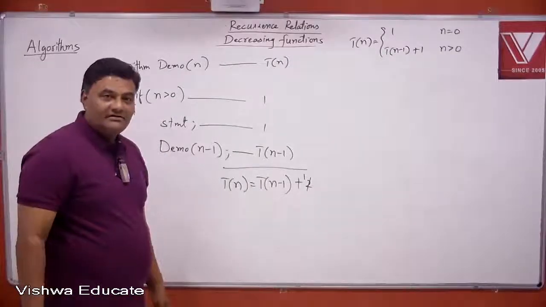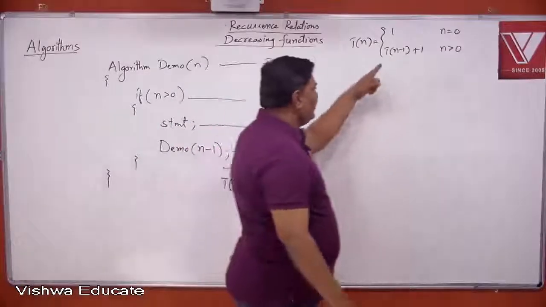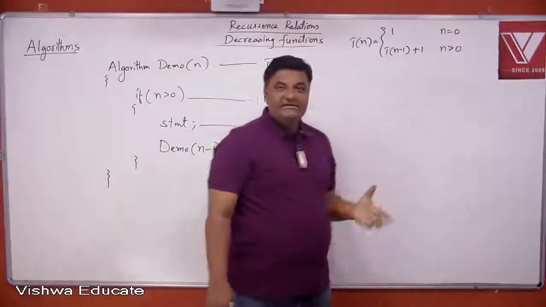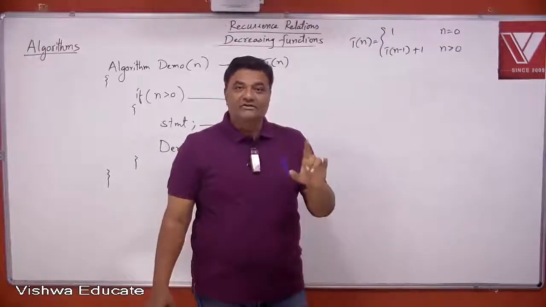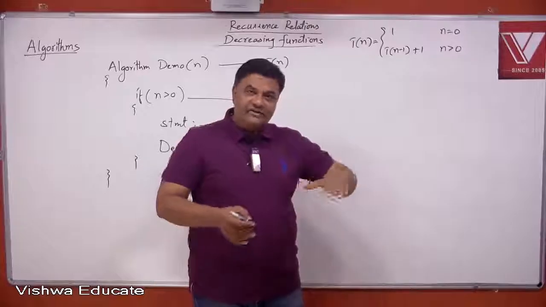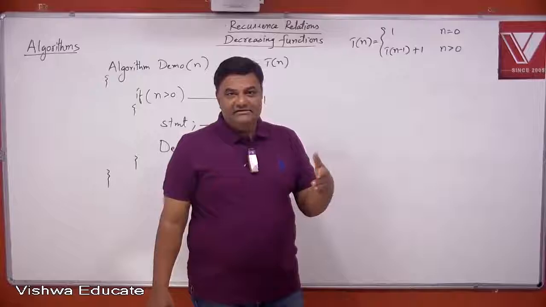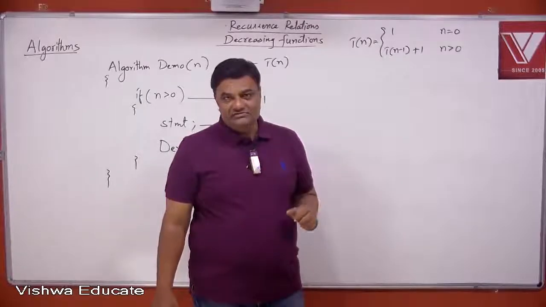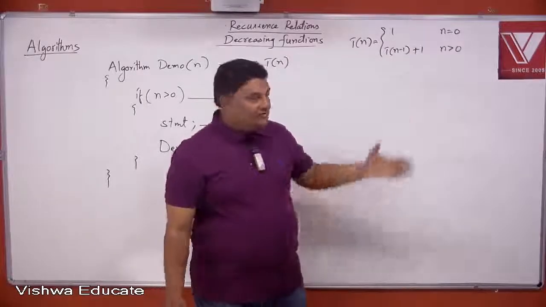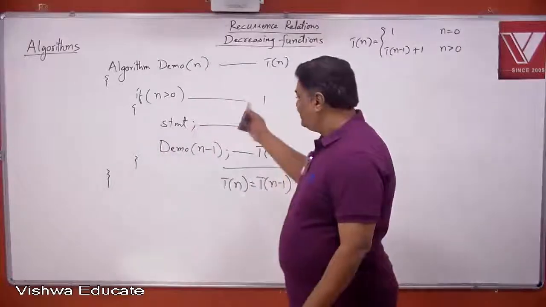Now if you observe, this is not n by something, it is n minus something. So we call it a decreasing function, where the reduction of n is done by subtraction. How to solve this? I'll show you. Copy this one.